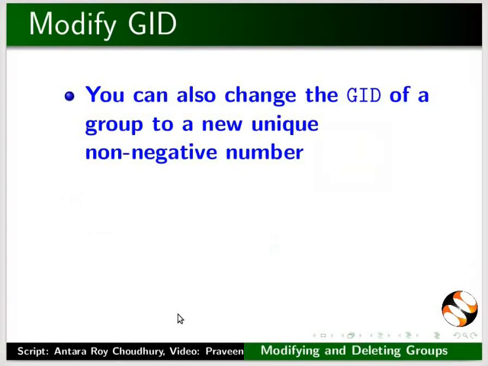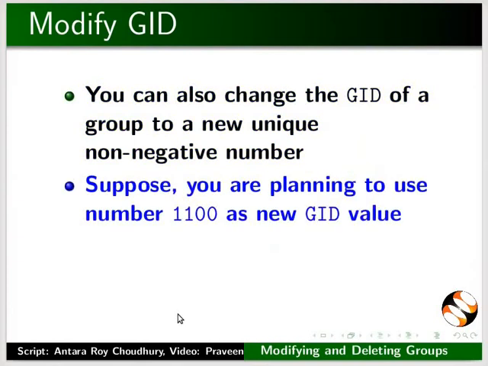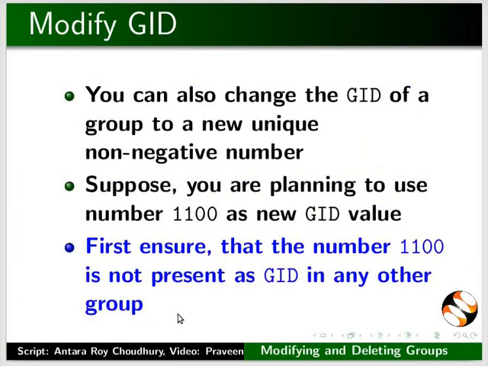You can also change the GID of a group to a new unique non-negative number. Suppose you are planning to use the number 1100 as the new GID value. So, first ensure that the number 1100 is not present as GID in any other group.